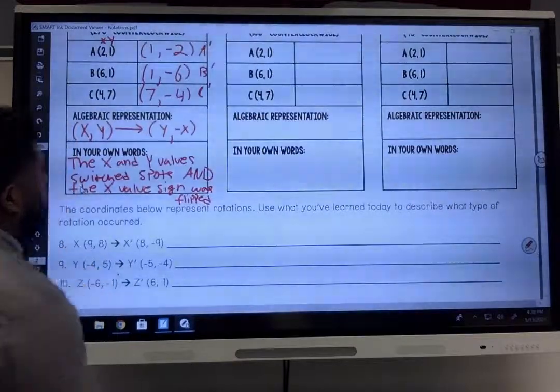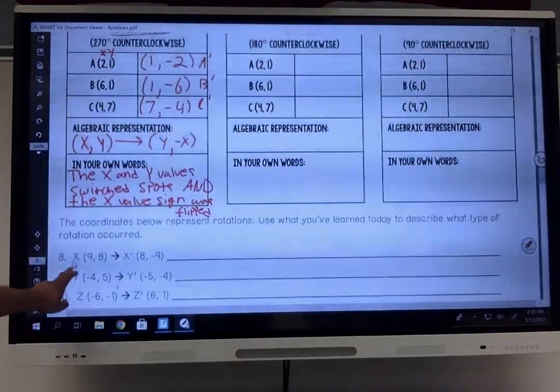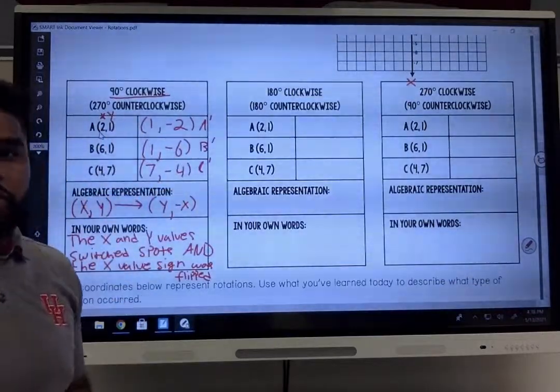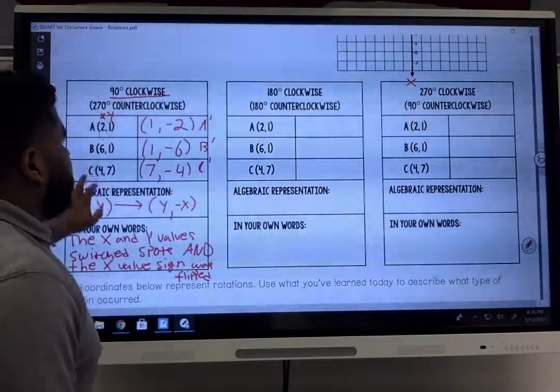Okay. And what I mean by that is that this x value was originally a positive 2, and then it became a negative 2. Okay, so let's look at 180 degrees clockwise.